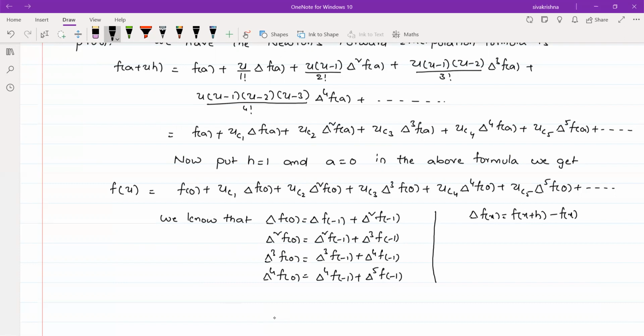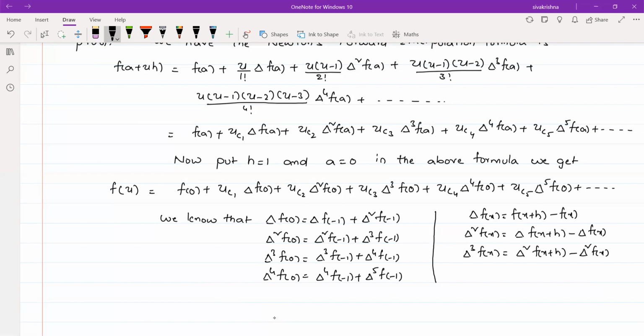So on multiplying both sides with delta, we get delta square f of x is equal to delta f of x plus h minus delta f of x. Once again, if you multiply on both sides with delta, then we get delta cube f of x is equal to delta square f of x plus h minus delta square f of x.